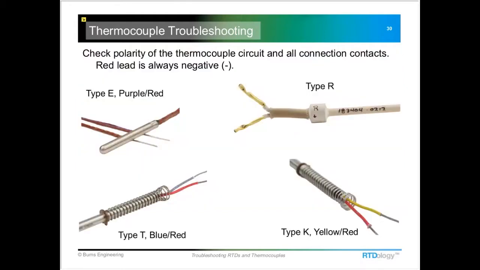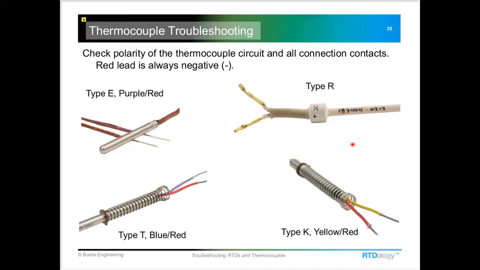If we look at thermocouples, they'll typically have some color codes on them. Now, the red lead is always negative. If we look at any of the base type thermocouples, like type J, K, T, or E, they're going to have the red lead as the negative lead.